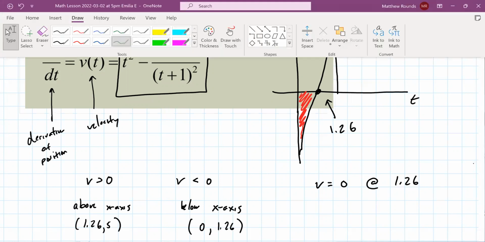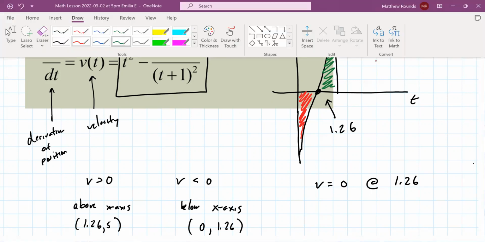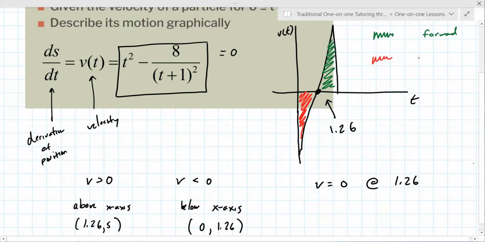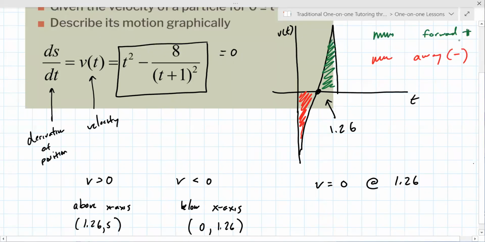The green represents forward motion, we'll say, or moving away from home, as I sometimes call it. And this other one is like moving back. So you can think of the red as contributing negatively, and the green contributes positively.